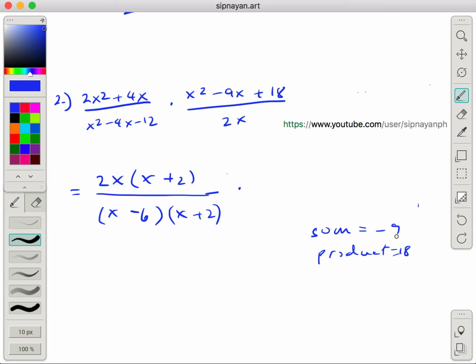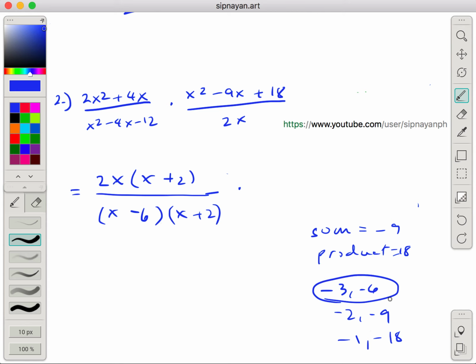Negative 9. Di ba obvious? Negative 3 tsaka negative 6. Kasi 2 and 9, 18 din, di ba? Pero hindi siya negative 9. Magiging negative 11 yan. Negative 2 tsaka negative 9. What else? Negative 1 tsaka negative 18. Okay. But I think we already found it.